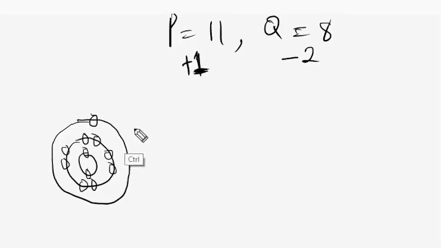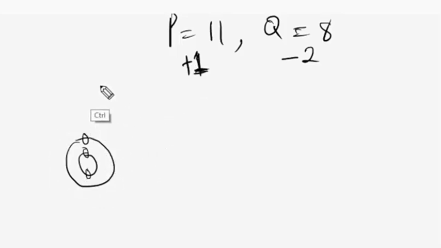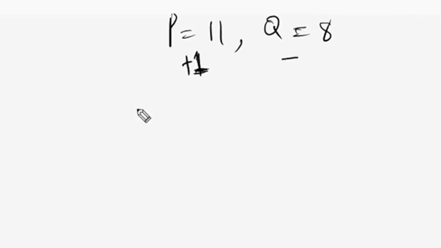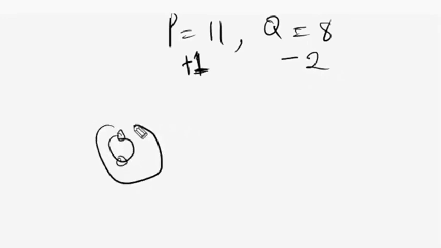So let's go ahead and check out this for the Q. So for Q, we said Q will have a -2, and that's because if we check out the shell, we are going to have 1, 2, 3, 4, 5, 6, 7, 8.